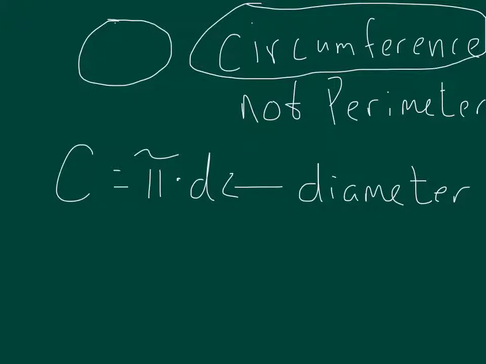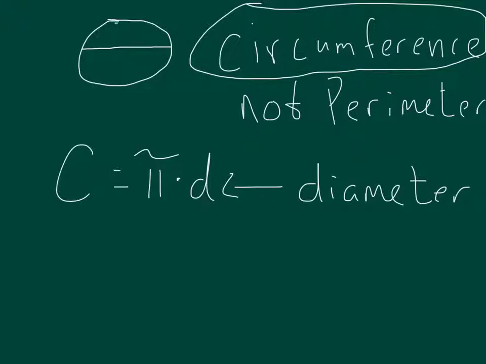The diameter is if you had a line that touched both sides and it went directly through the middle. That would be considered a diameter. So circumference of a circle equals pi times the diameter.